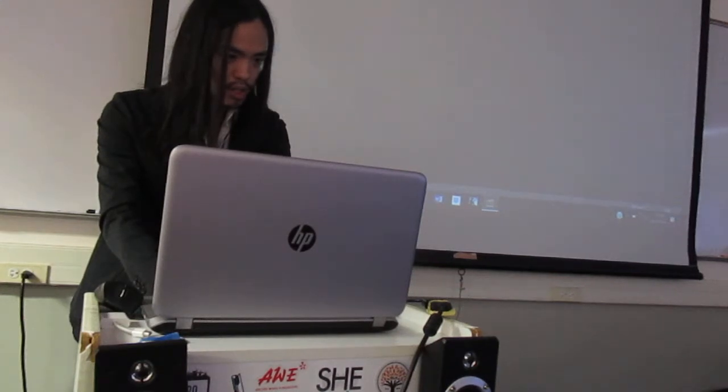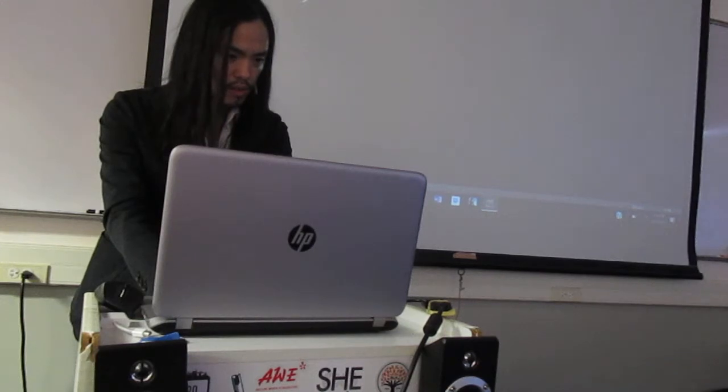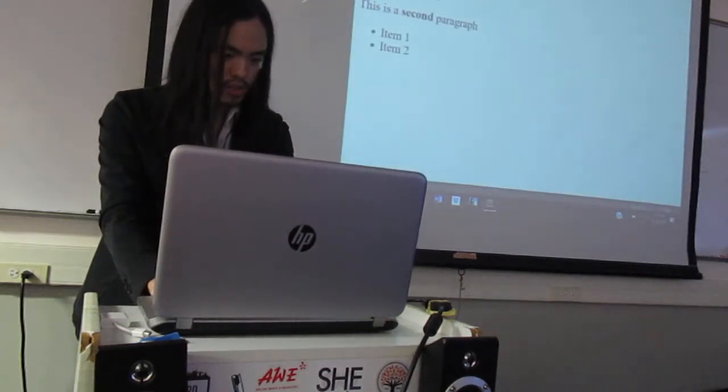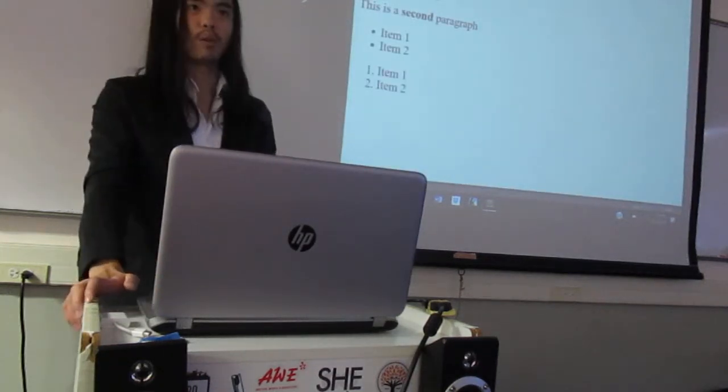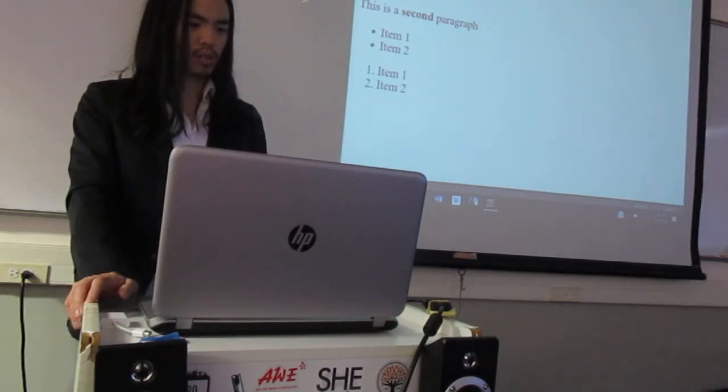Now let's make an OL tag. The OL is the ordered list. So now we can compare the two lists. Depending on your purposes, you might want to use an unordered list or an ordered list. Another thing you can do is nest lists together. So what I'm going to do is move the ordered list into the unordered list.